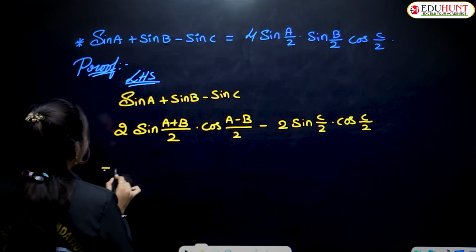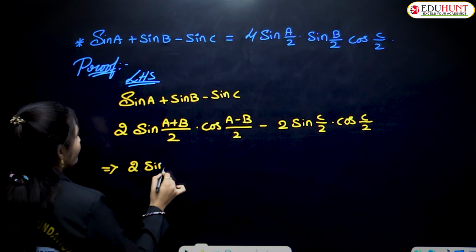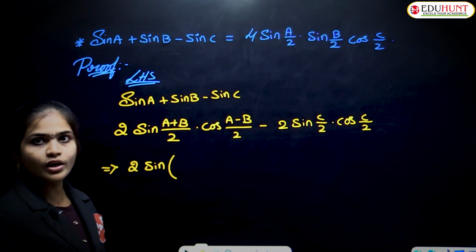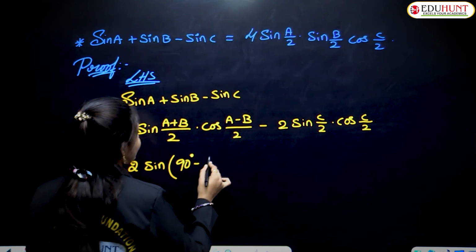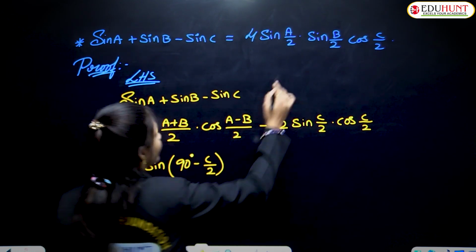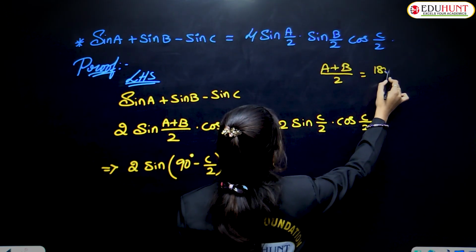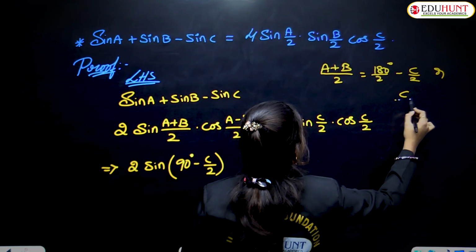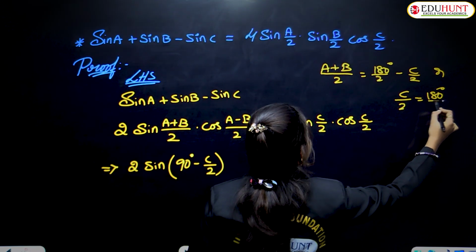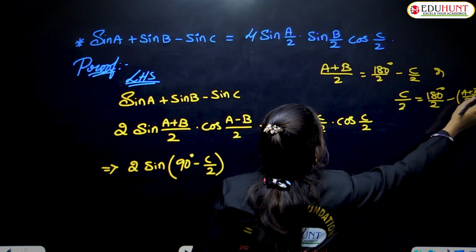Okay. So from this one, we can take 2 sin of (A plus B) by 2, what can we write here? 90 degrees minus C by 2. Why? Because (A plus B) by 2 is equal to 180 degrees by 2 minus C by 2, or C by 2 is equal to 180 degrees by 2 minus (A plus B) by 2.